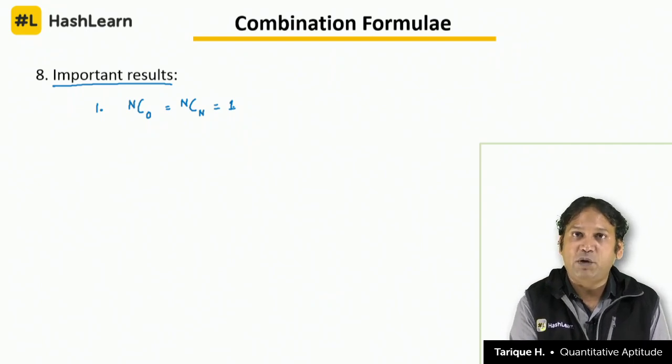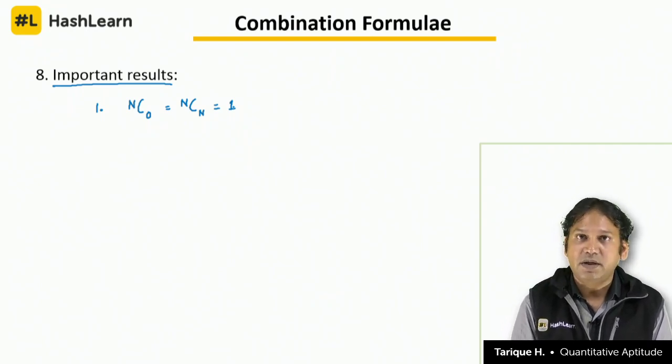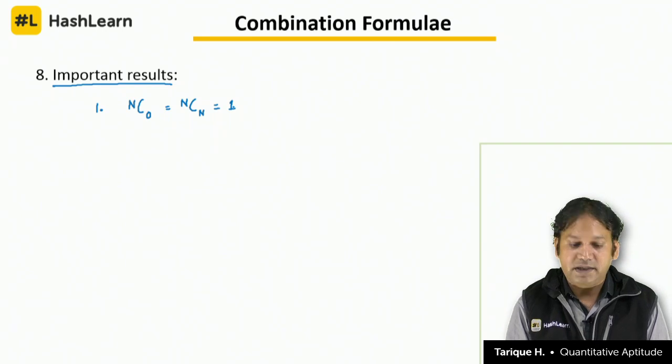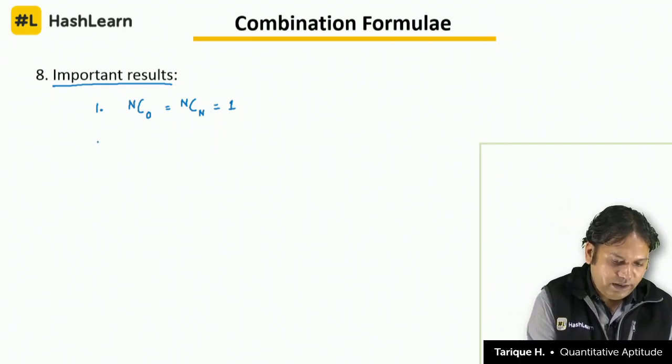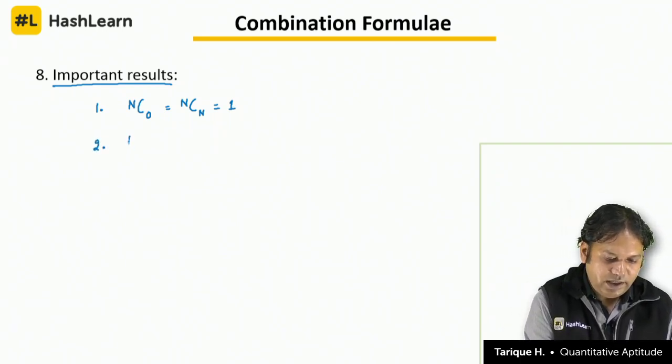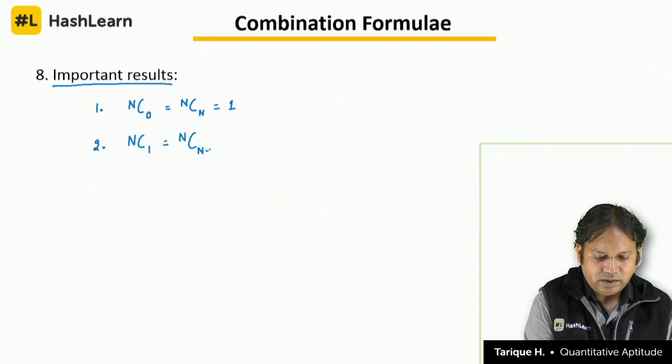Also, if you put this in the formula, you will get 1 as the answer. So NC0 is equal to NCN is equal to 1. The second result is that NC1 is equal to NCN minus 1 is equal to n.